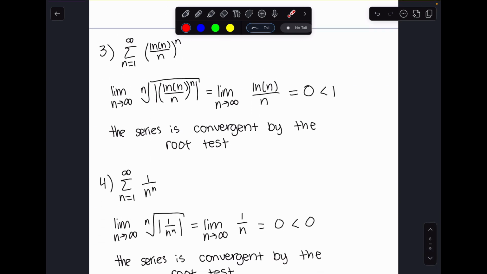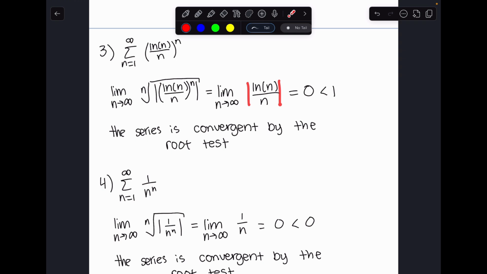All right, next problem, we have (natural log of n over n) to the nth power. This is a very straightforward setup for a root test. And the reason that I know that, FYI, is because I have this raised to the nth power. When I take the nth root of something raised to the nth power, we end up just getting what was inside.